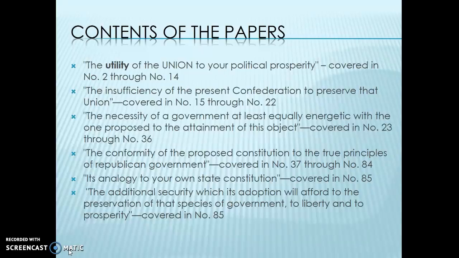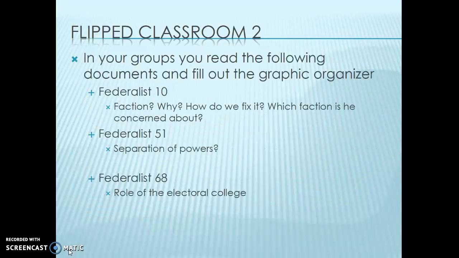Essay 85 also deals with the additional security which its adoption will afford to the preservation of that species of government, to liberty and prosperity. So again, if we adopt this new Constitution, it will help preserve not only the federal government, but state governments, and provide liberty and prosperity.